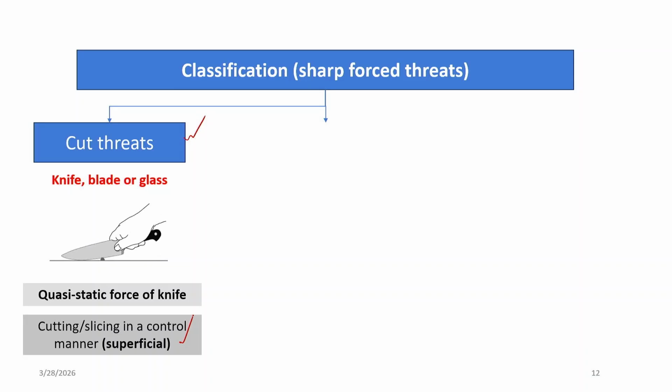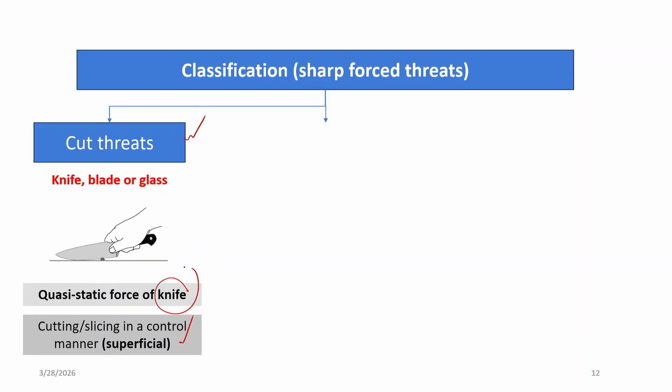The injury will be on the surface, a superficial injury, and these are not very fast. It is quasi static, and typically comes from knife, blade or glass.